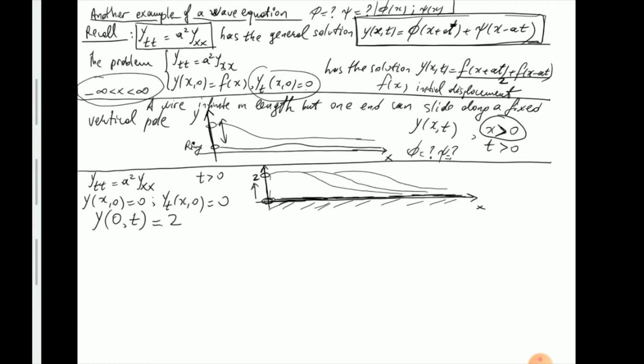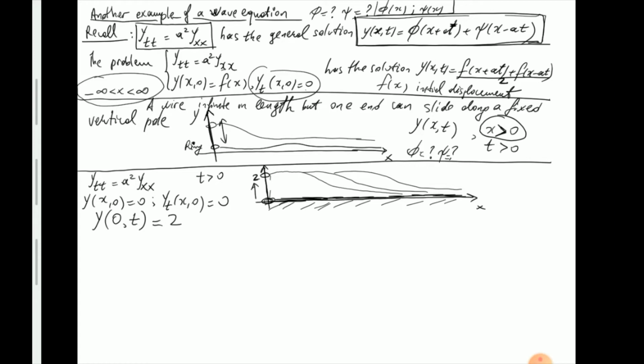Because remember, there is nothing to snap back the ring from right to left, because the wire is still infinite. But this jerk movement from 0 to 2 will raise, obviously, the wire up to level 2, and then this wave is going to travel to the right.